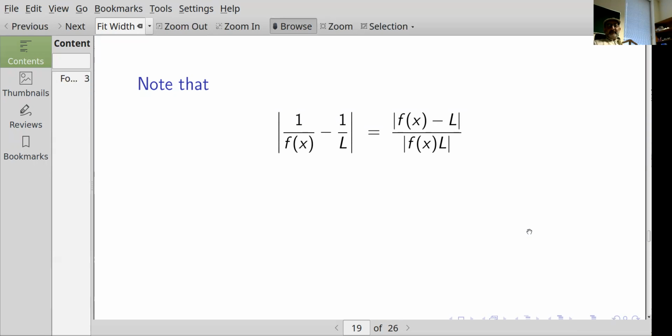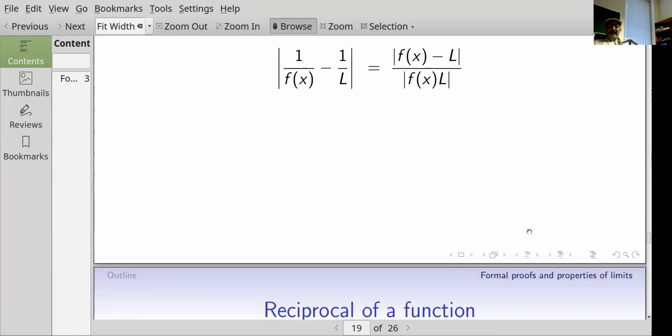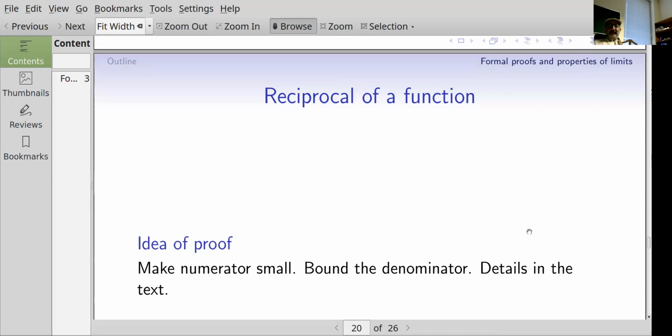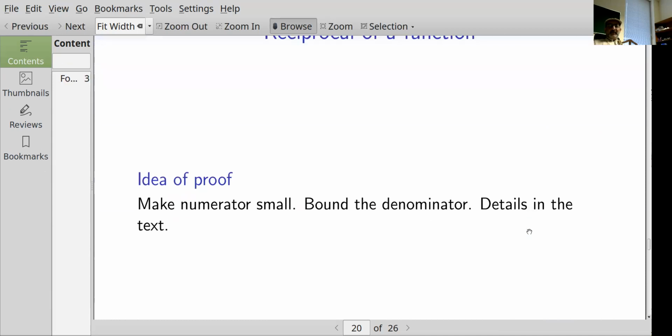So that's the absolute value of f of x minus L over the absolute value of f of x times L. And this term, the absolute value of f of x minus L, can be made arbitrarily small. Okay, and that's the essence of the proof. You can read the rest for yourself, but I wanted to point that part out to you.